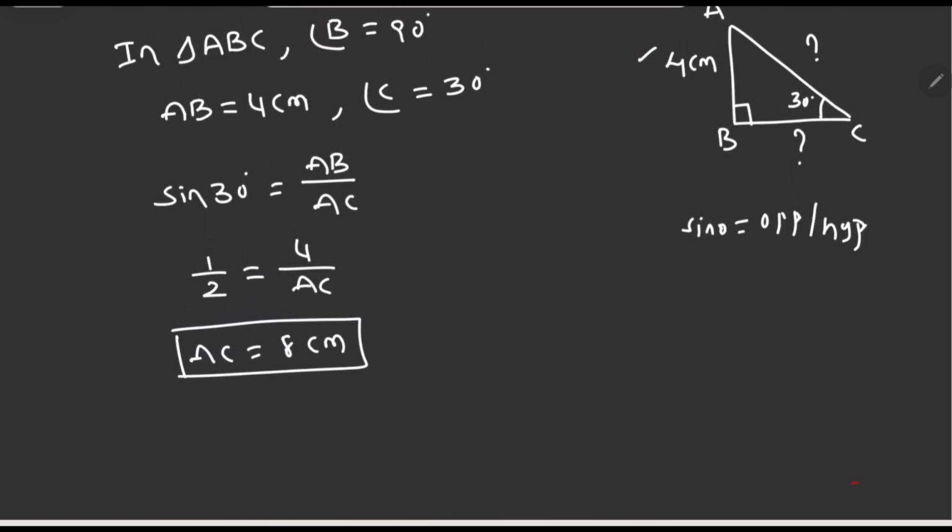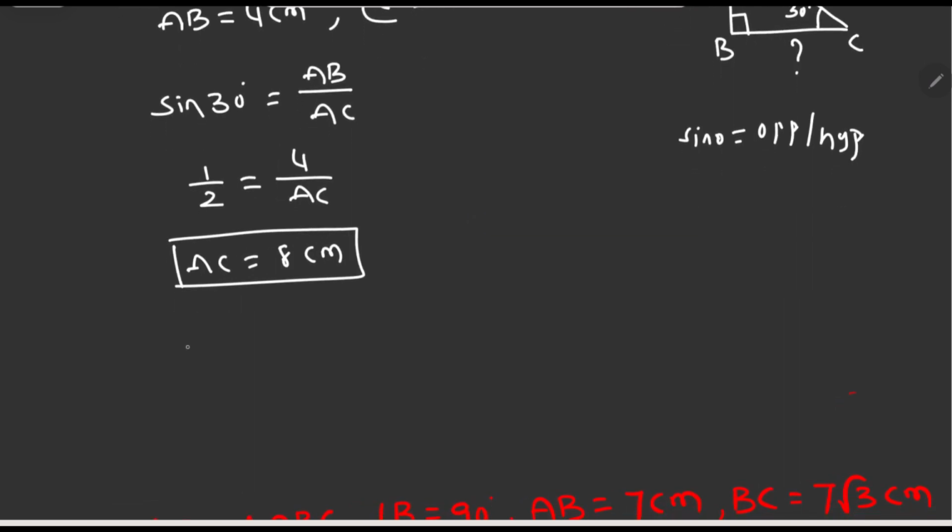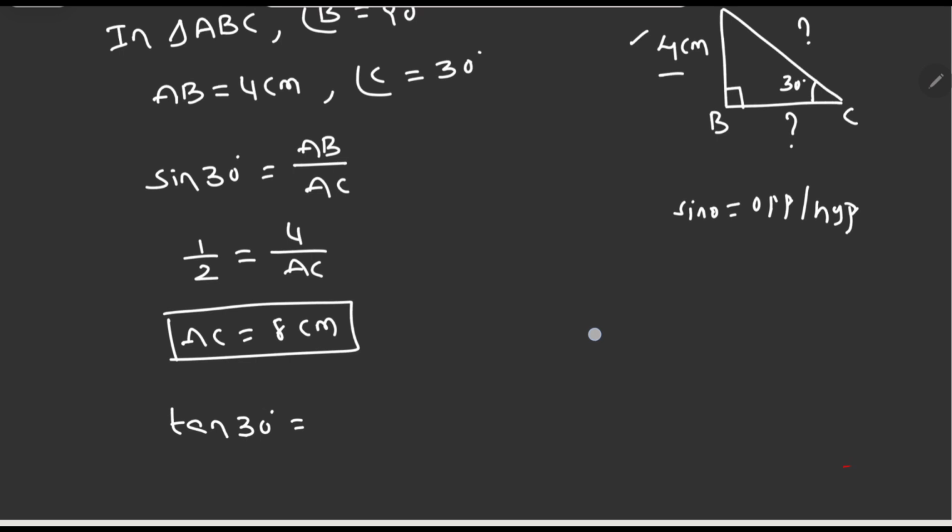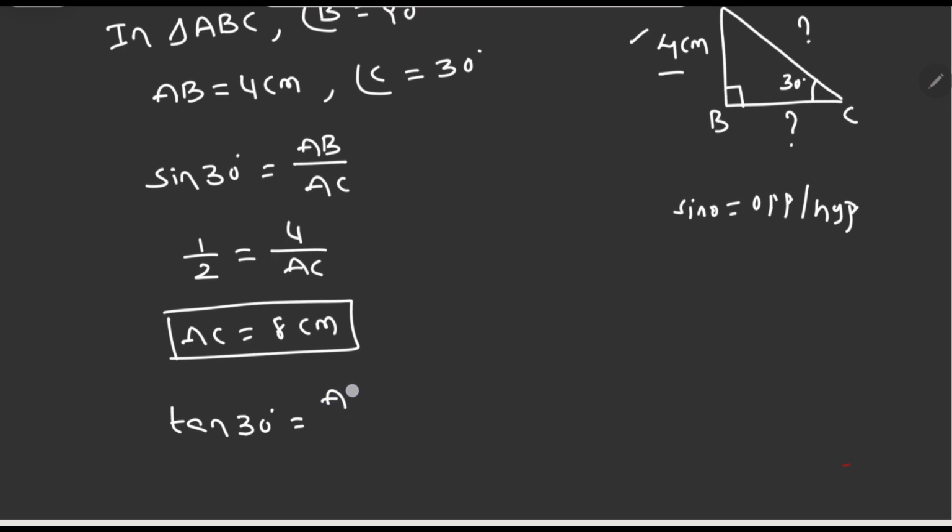Now similarly to the theta, by using opposite side. Okay. So we are having opposite to the theta. By using the opposite, we have to find the adjacent. అంటే thetaకి opposite వాడుకుంటూ adjacent side కనుక్కోవాలి. Okay. Therefore we have to use tan. So tan theta is equal to opposite side by adjacent, that is BC.